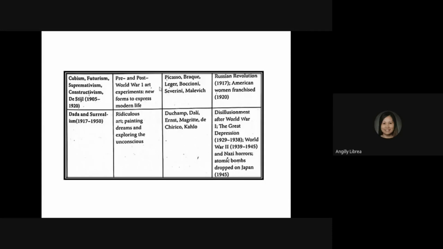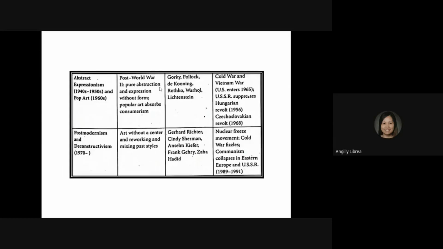Then Cubism, Futurism, Suprematism, Constructivism, and Dada and Surrealism. Lastly, I think, is abstract expressionism, postmodernism, and deconstructivism. These are the art movements or historical periods of art that you will include in your presentation.